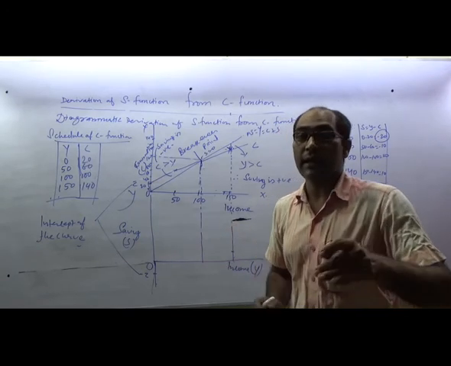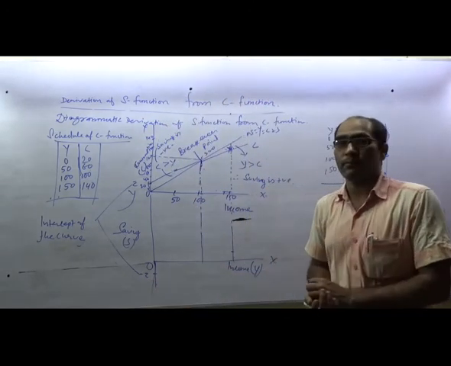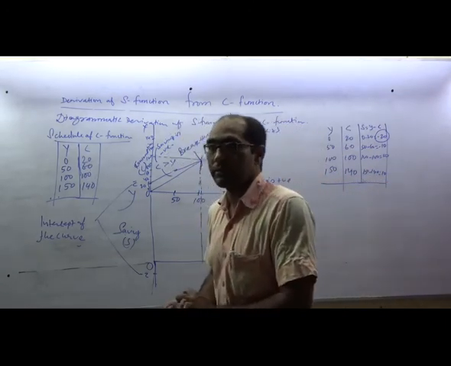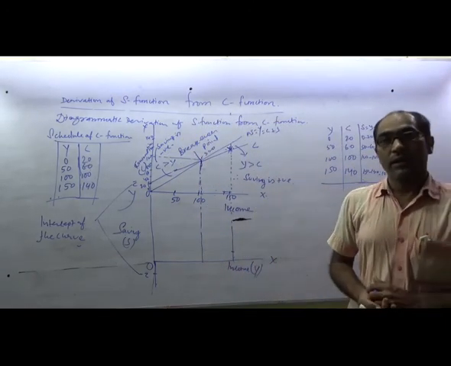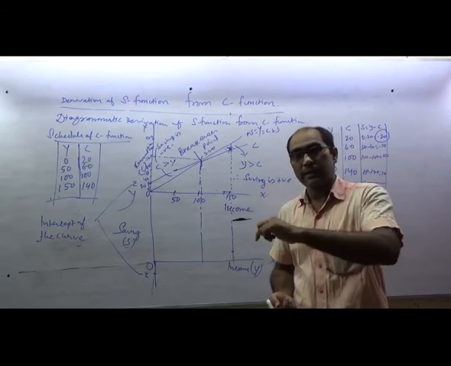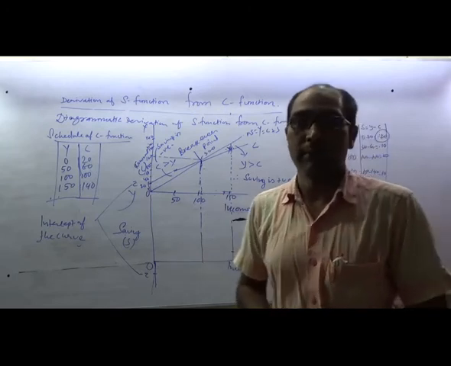Means if there is a change in Y, C and S both change. But the ratio of change between C and S separately remains unchanged for every change in income.